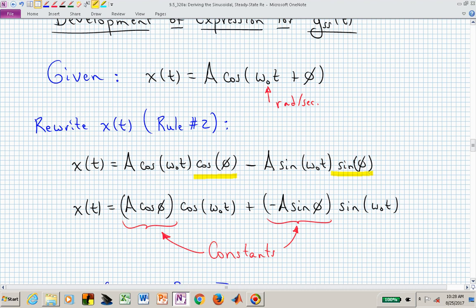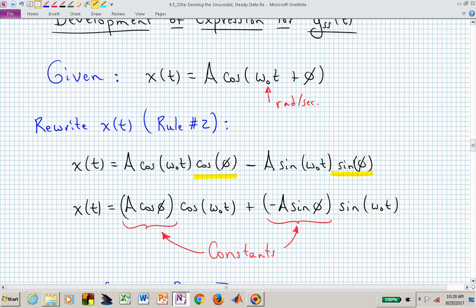What I'm doing in the next line is simply explicitly reminding myself that cosine of phi is a fixed angle, so cosine of phi is a number. I'm simply combining that with the constant A, so A cosine phi is just a constant, and then the minus A sine phi is another constant. So really I simply have a weighted cosine omega naught t combined with a weighted sine omega naught t.